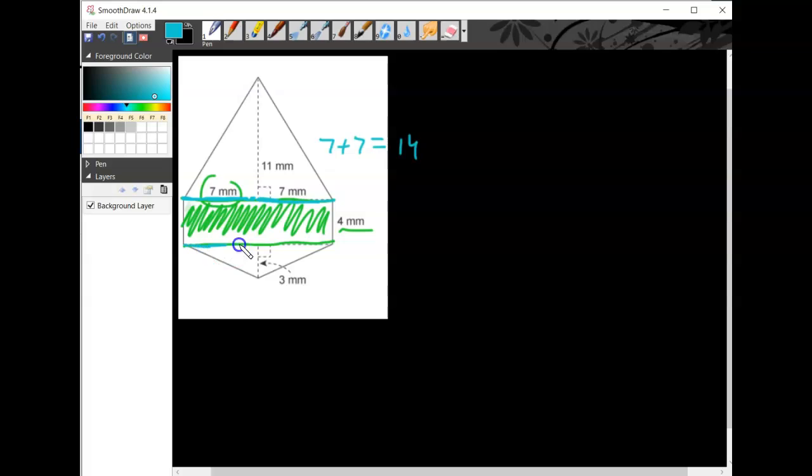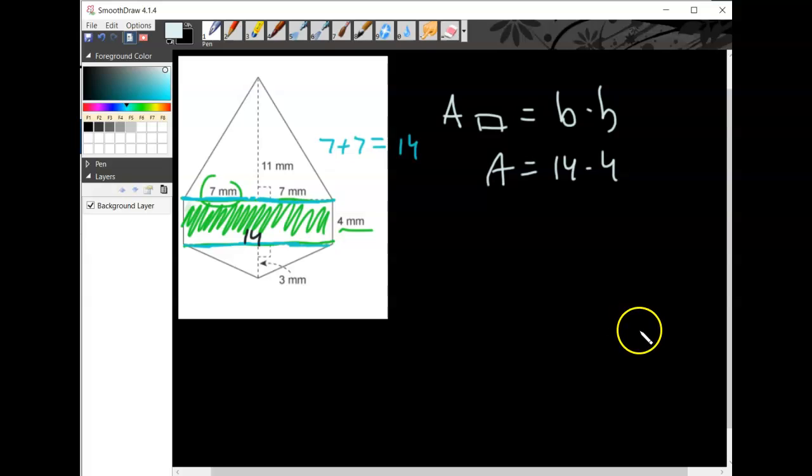That will be the base of that rectangle, 14. So area of the rectangle will be base times height. Area is going to be 14 times 4. 10 times 4 is 40. 4 times 4 is 16, so 56 millimeters squared.